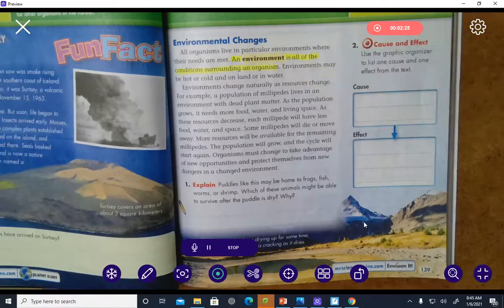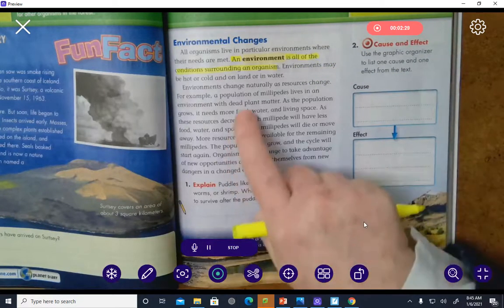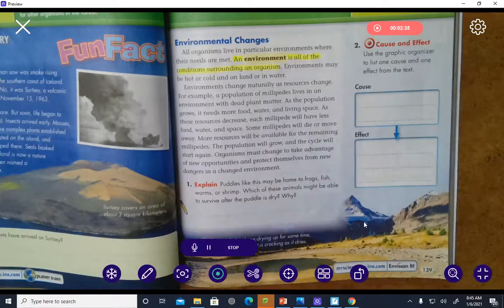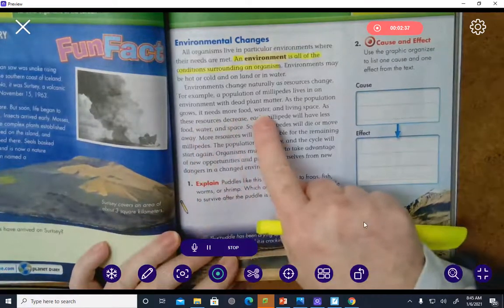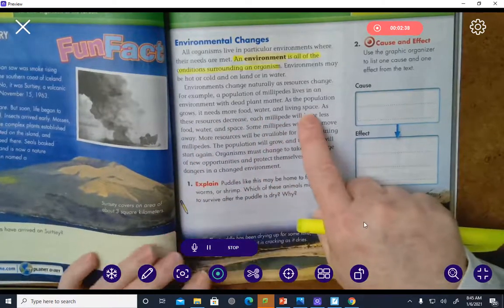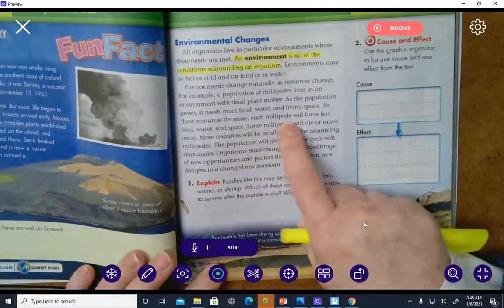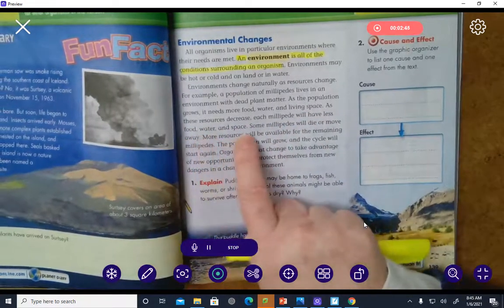Environments change naturally as resources change. For example, a population of millipedes lives in an environment with dead plant matter. As the population grows, it needs more food, water, and living space. As these resources decrease, each millipede will have less food, water, and space.